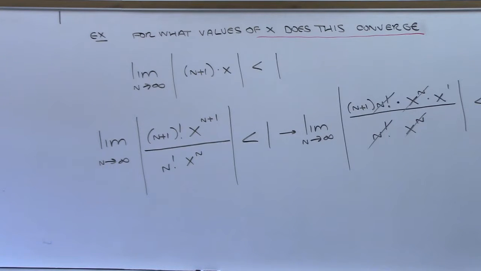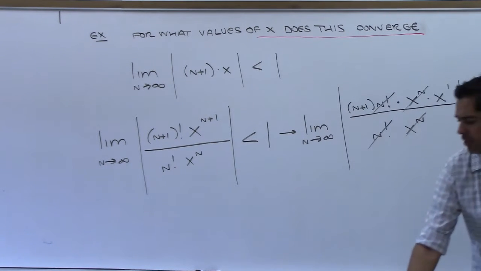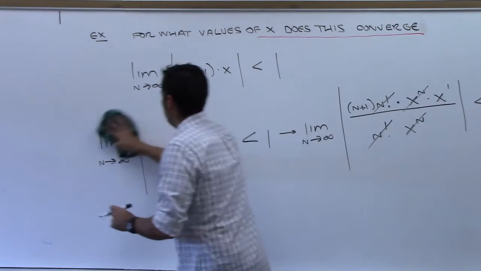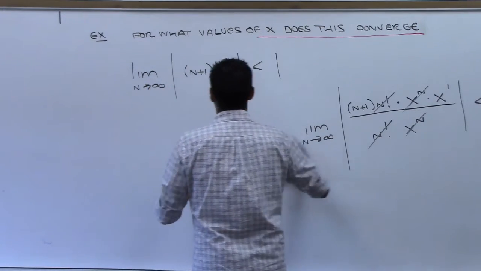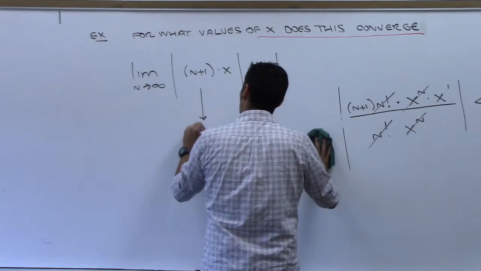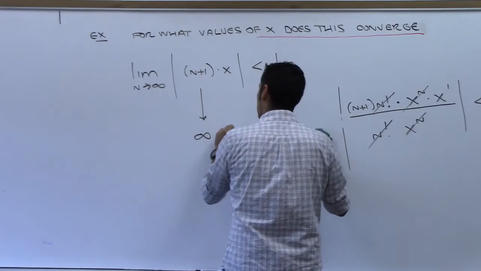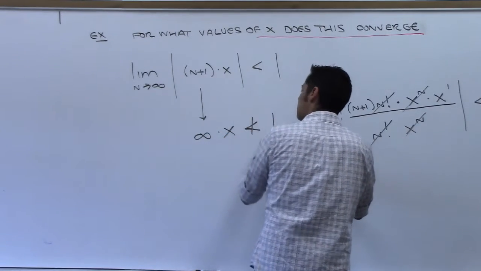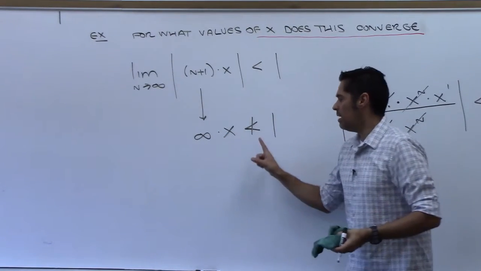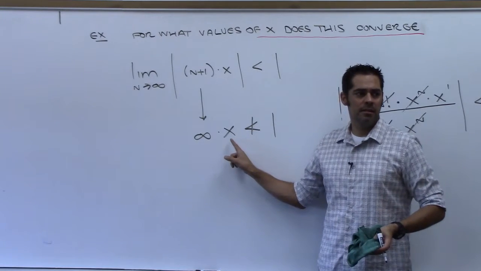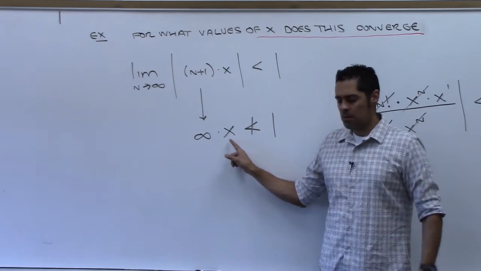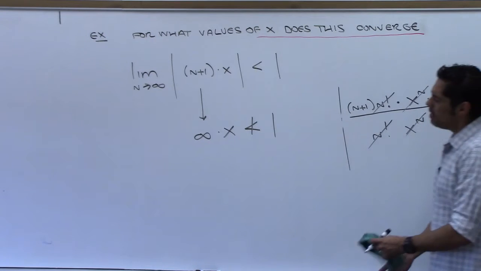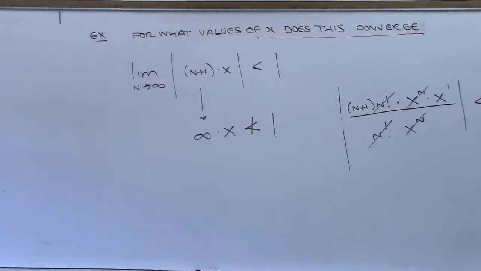Do you understand that? So this limit right here on the left side goes to infinity times x. And there's no way to keep that less than 1. I guess there's one way to keep it less than 1. If x was what? 0. But we already knew that, didn't we?